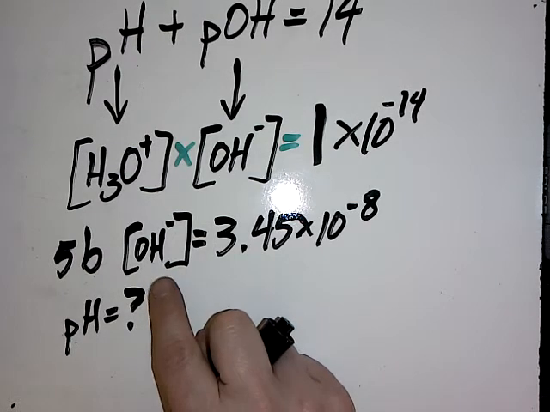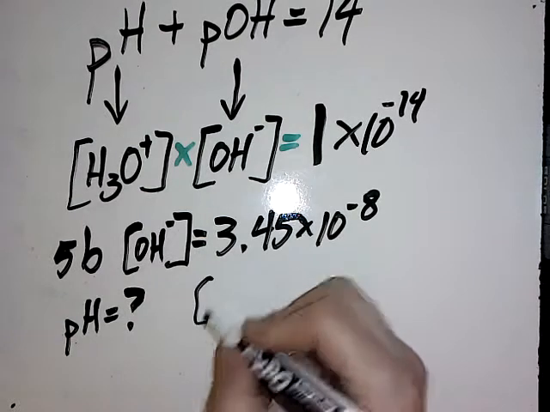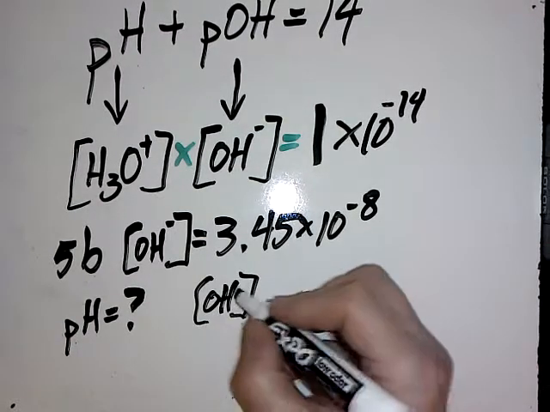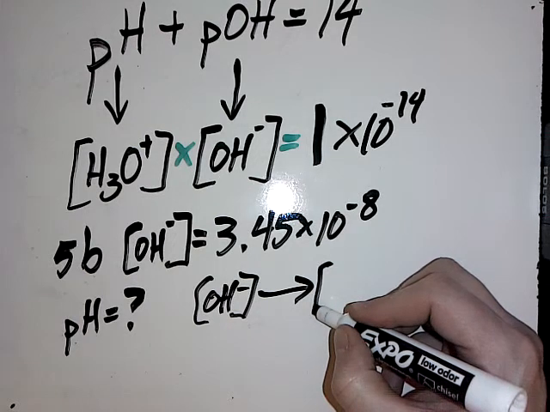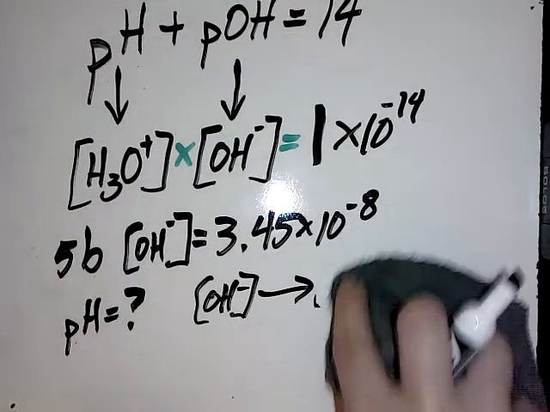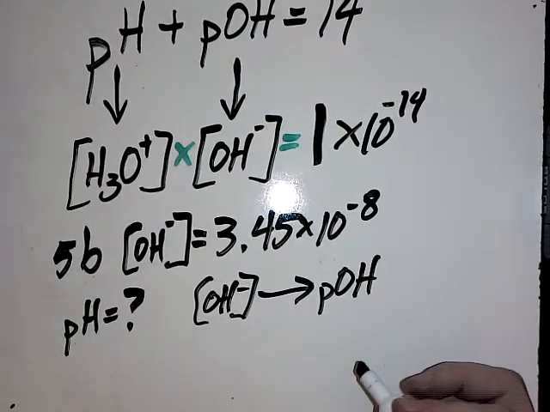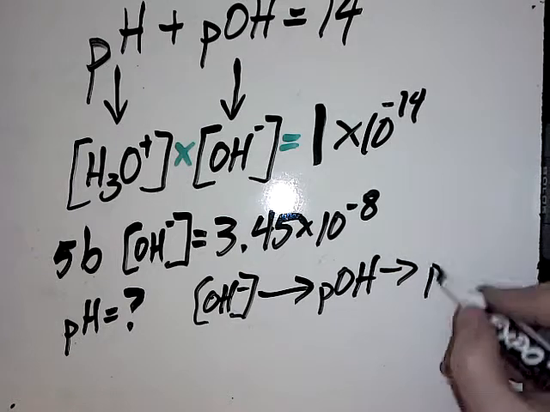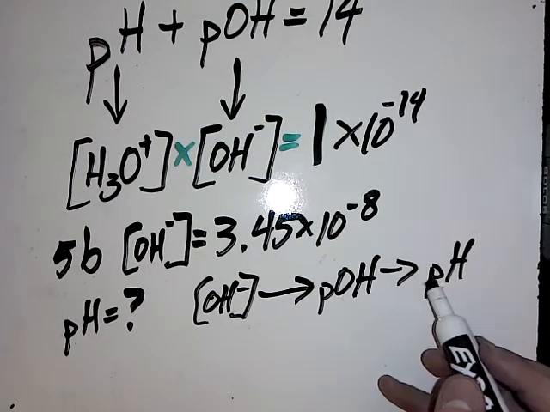I've got two possible choices. I could go from hydroxide concentration to pOH if I wanted to, and then I could go from pOH to pH by taking 14 minus whatever this is.